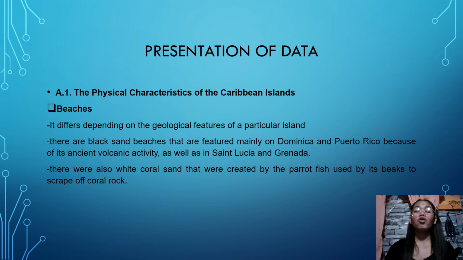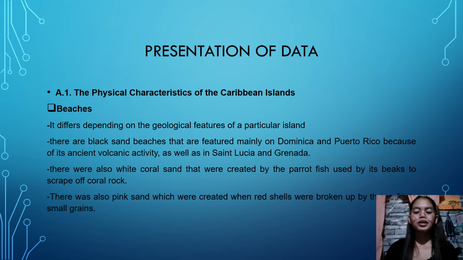There are also white coral sand that were created by the parrotfish used by its beak to scrape off coral rock. Then, if we have black, we have white, there was also pink, which were created when red shells were broken up into small grains.